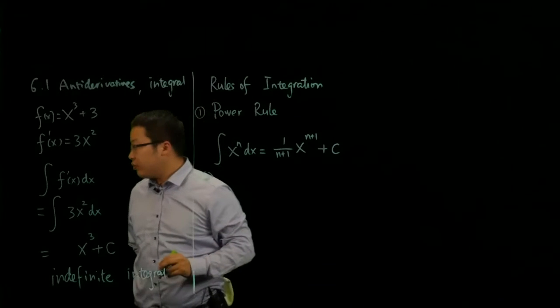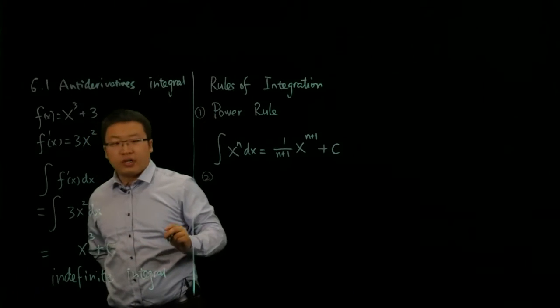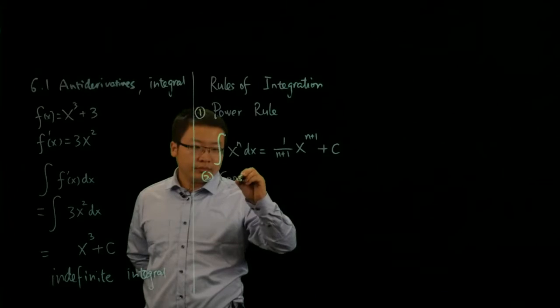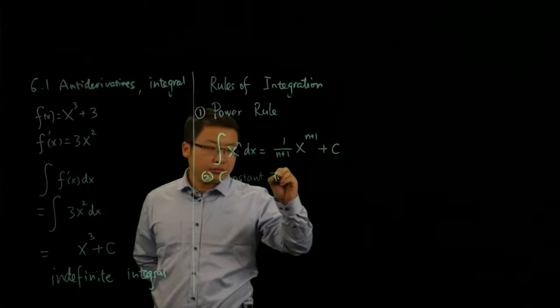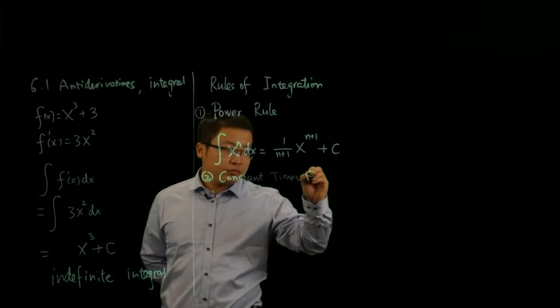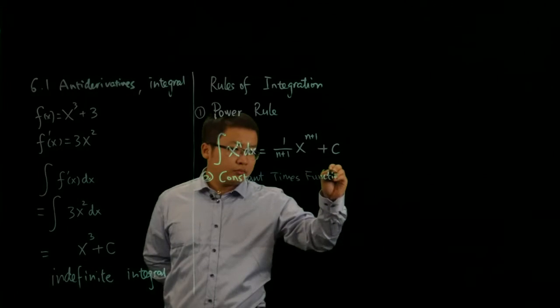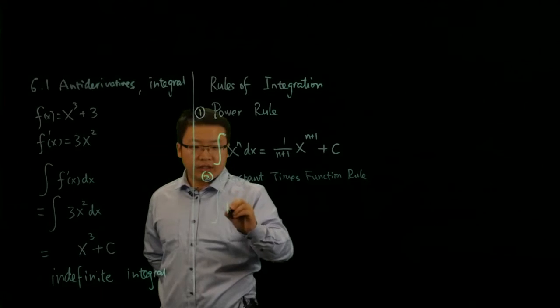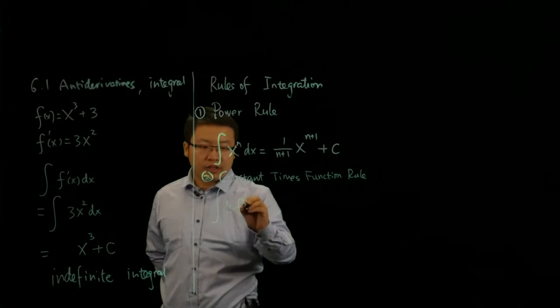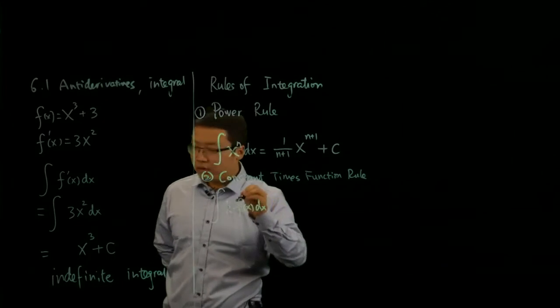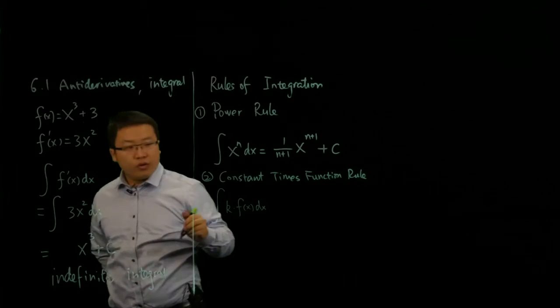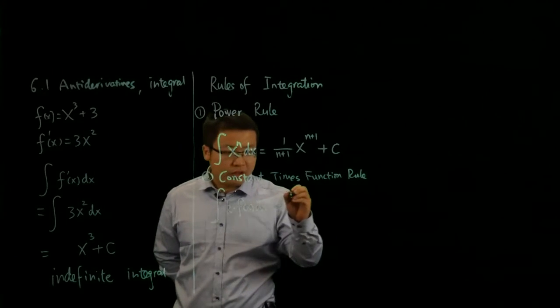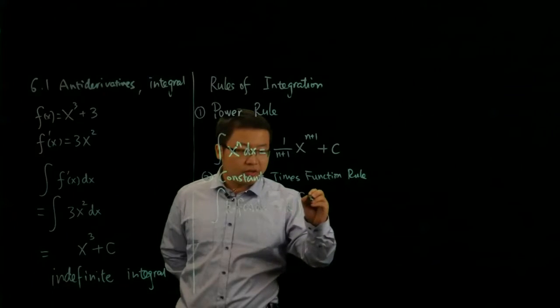The second rule is the constant times the function rule. Which means if you integrate k times some kind of function, then you can pull this number out, then integrate in the end.